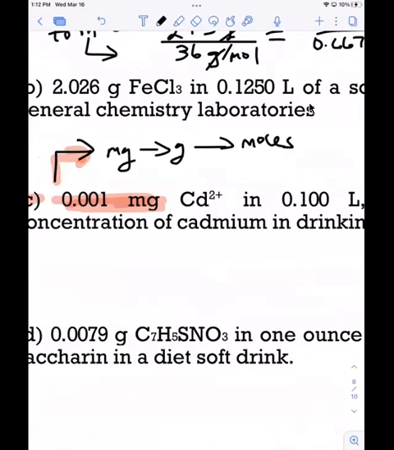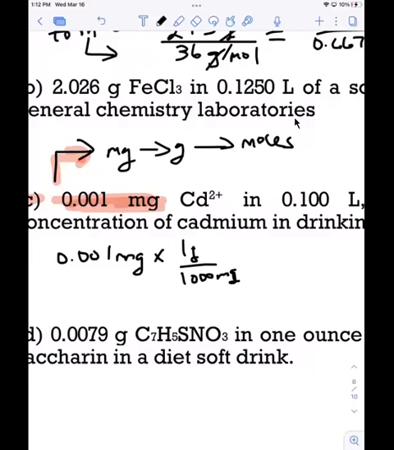So we know the conversion from milligrams to grams because there's 1,000 milligrams in every gram, right? So it's 0.001 milligrams times 1 gram over 1,000 milligrams.